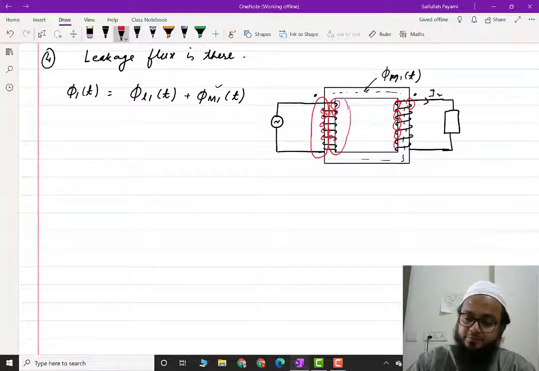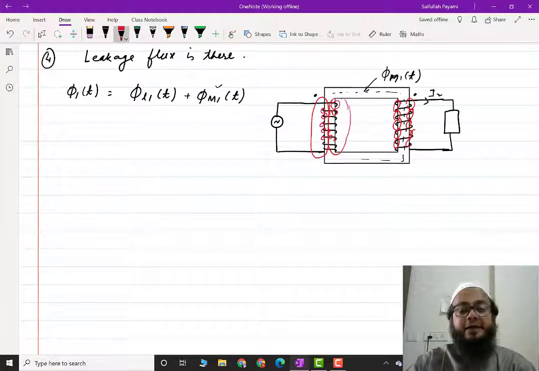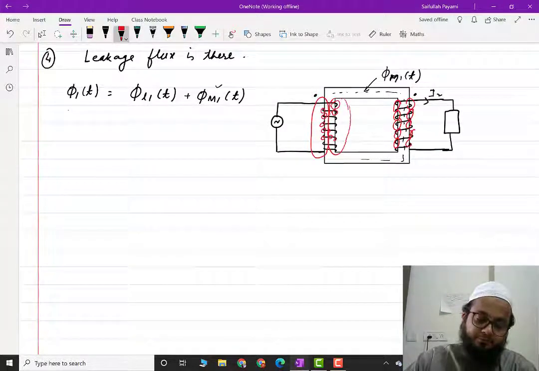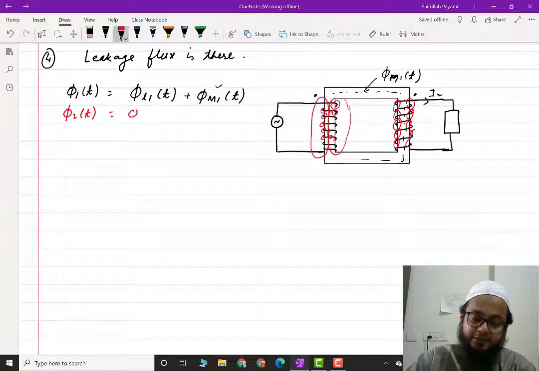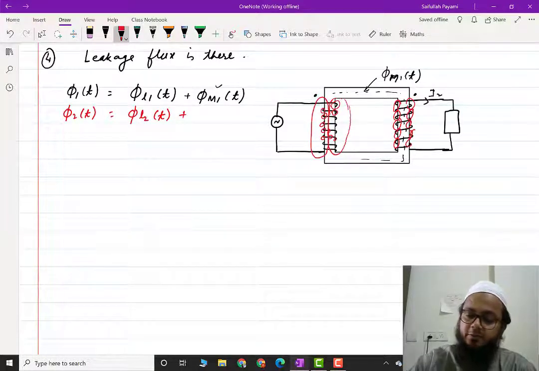So phi 2t is phi L2t plus the mutual flux, which I am saying is the same in both, so I am writing it as phi M1t only.